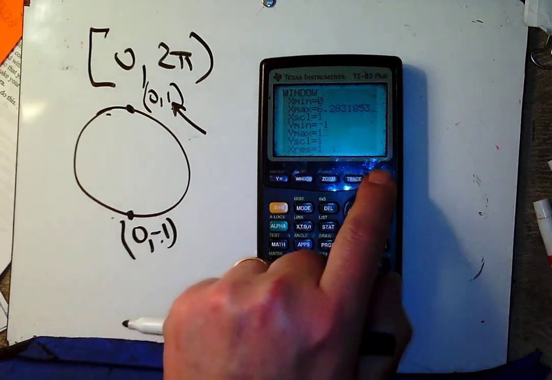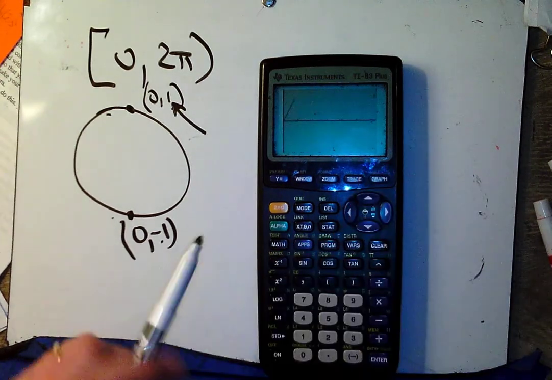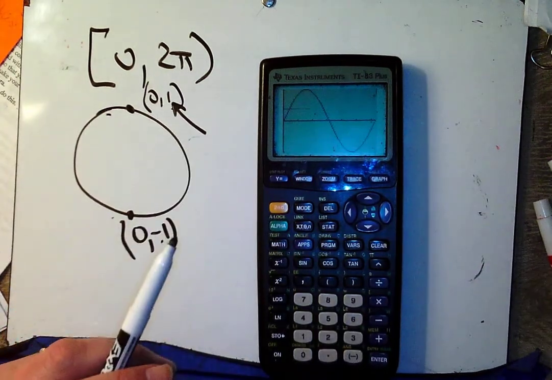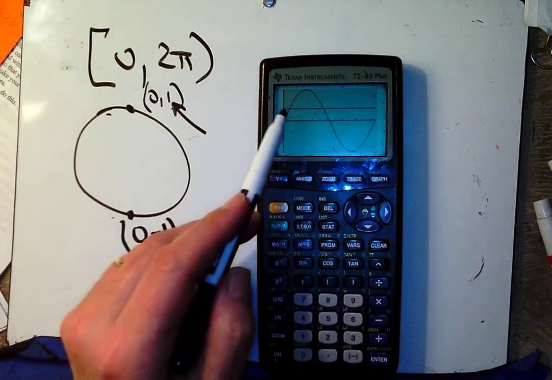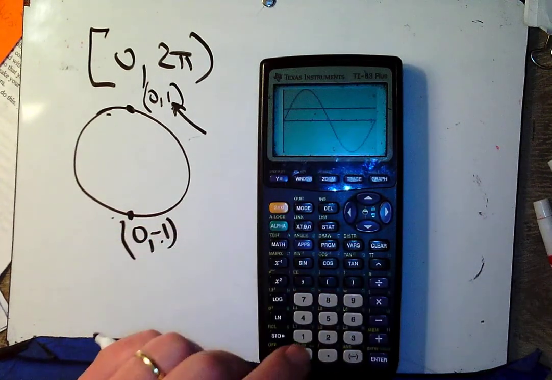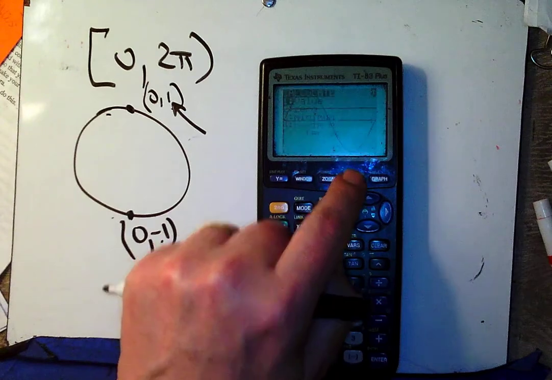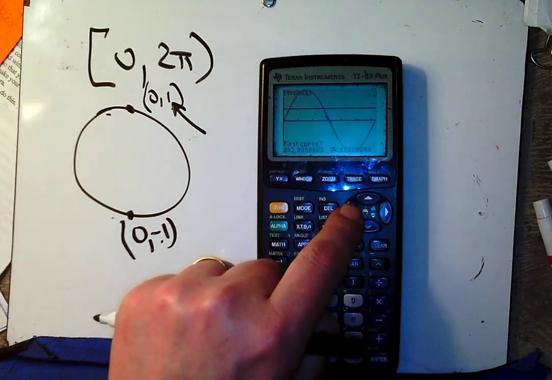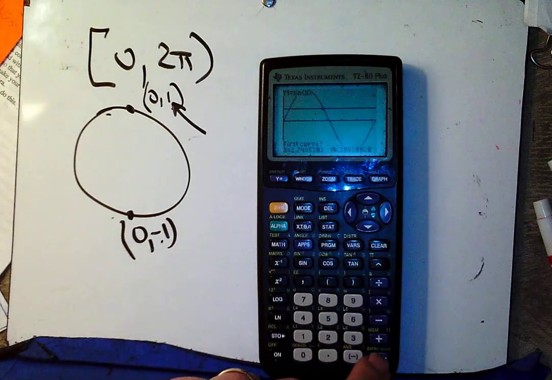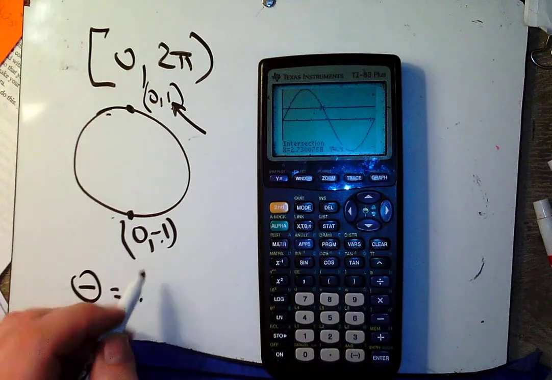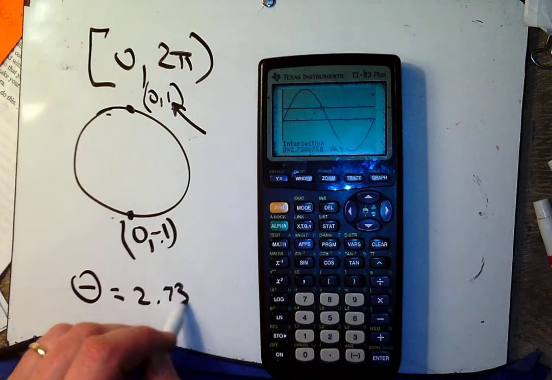So let's see what happens when we graph this. Here's my sine curve. Can't wait to talk to you about that. That's coming up soon. Oh, look. And here's our line y equals 0.4, and there are two solutions. Second, calculate, intersect. Well, what do we have here? Enter, enter, enter. I get theta equals 2.730.